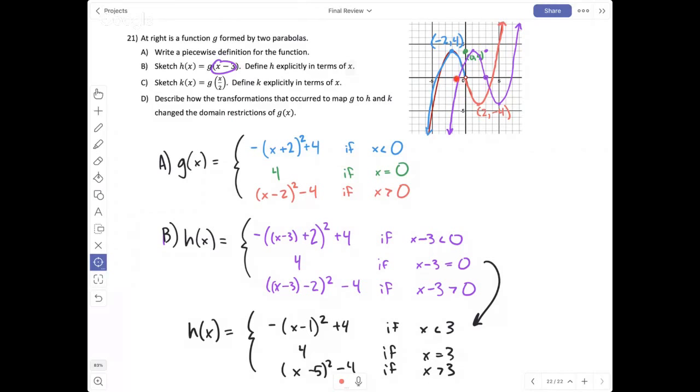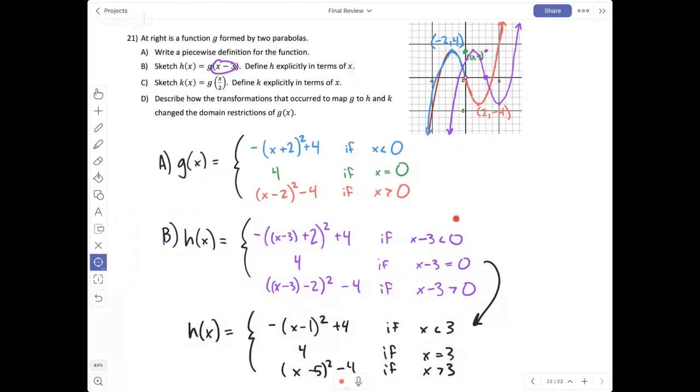This point, which was here, which was right 2, moved to right 5, right 2 here, moved to right 5 here because of this 3. And this moved to here, this moved to here, this moved to here.